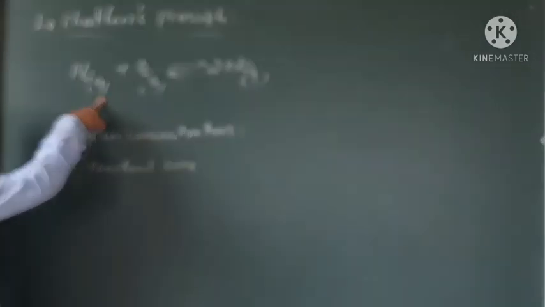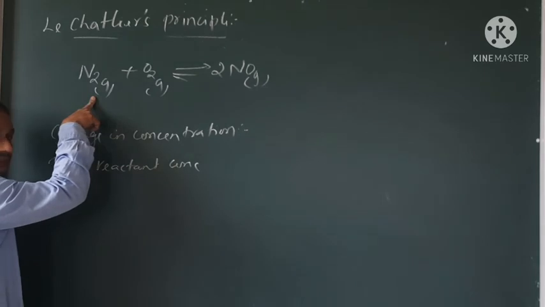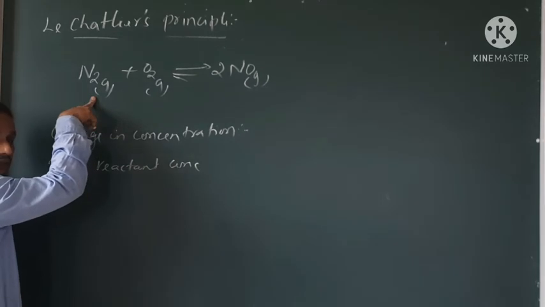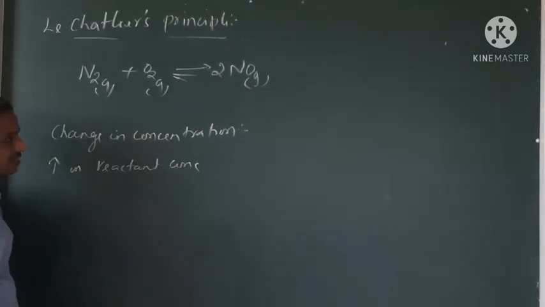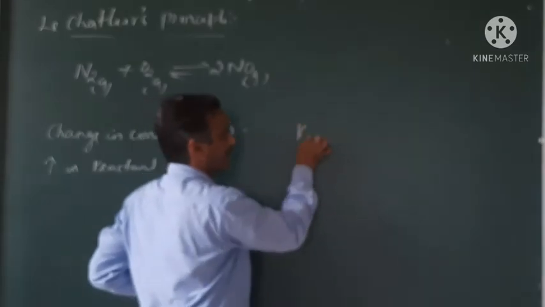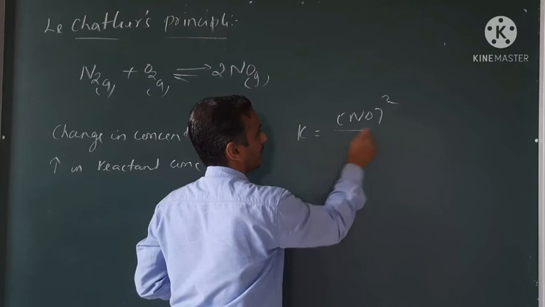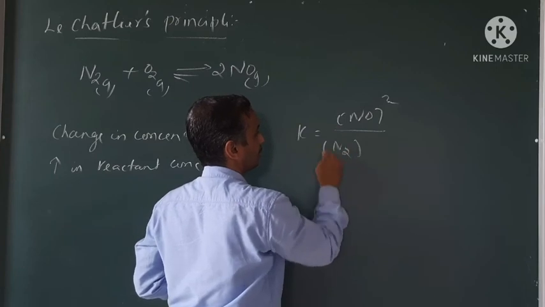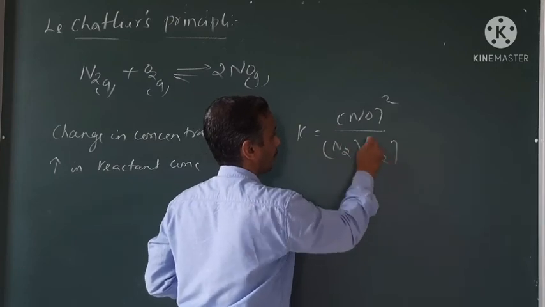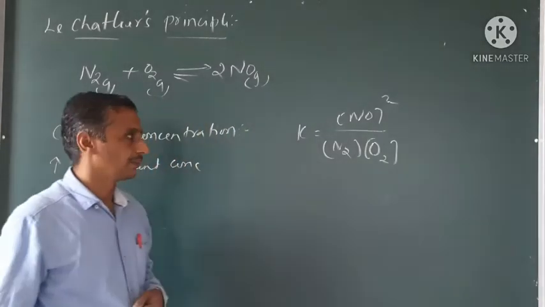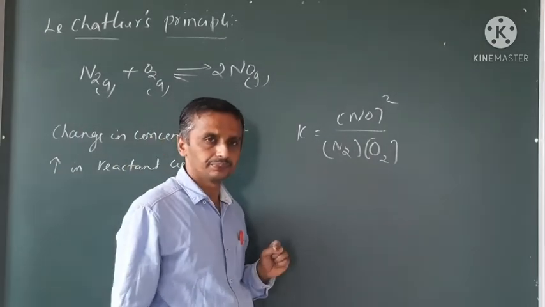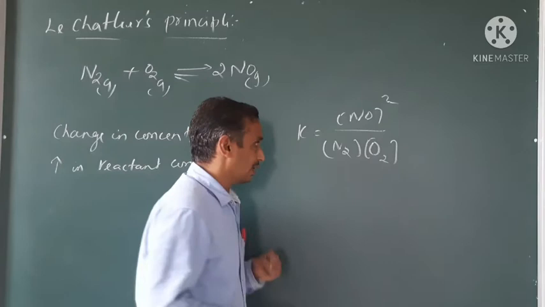So, see here, when the concentration of the reactants is increased, K is equal to NO square divided by N2 into O2. Remember, we have increased the reactant concentration.